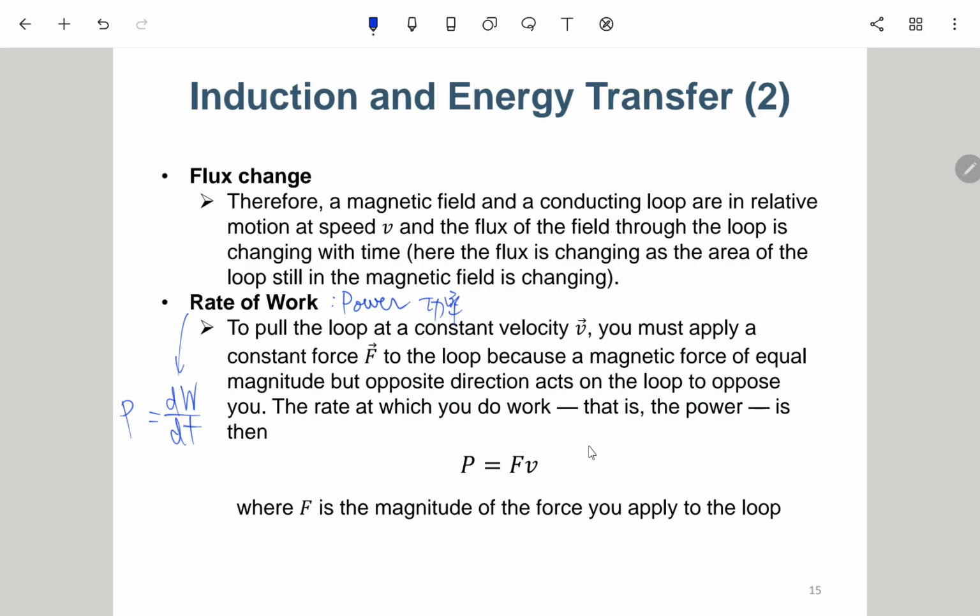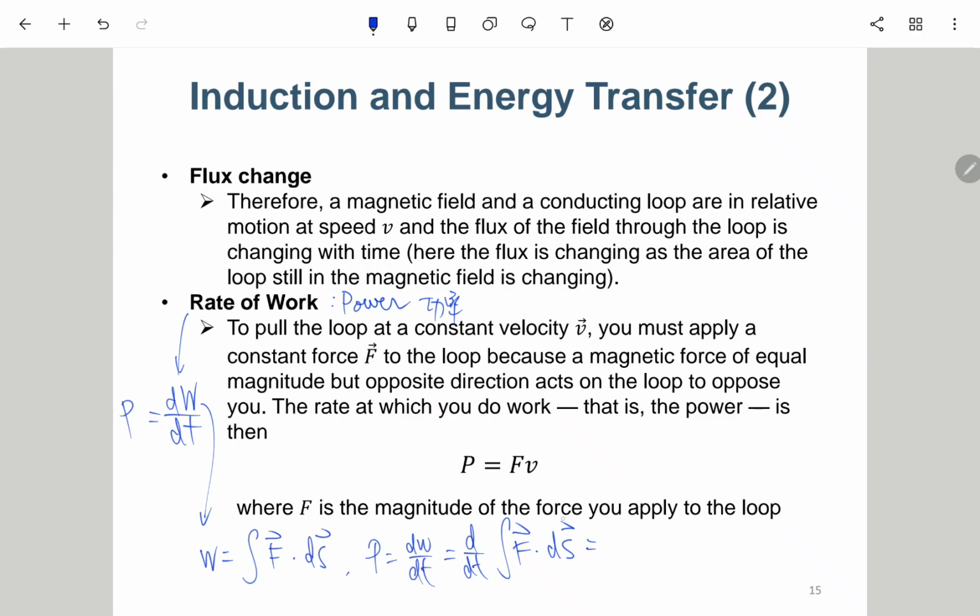So actually this W generally is the integral of F dot ds. In mechanics, the work is F dot ds, as a line integral. And as P equals dW/dt, it is d/dt of the integral of F dot ds.